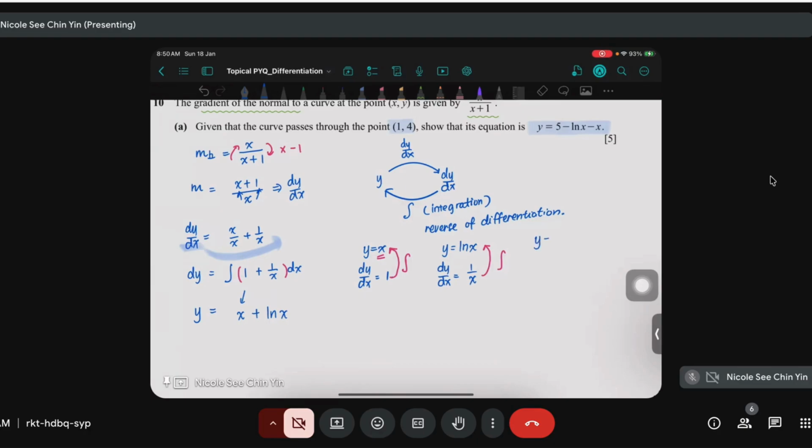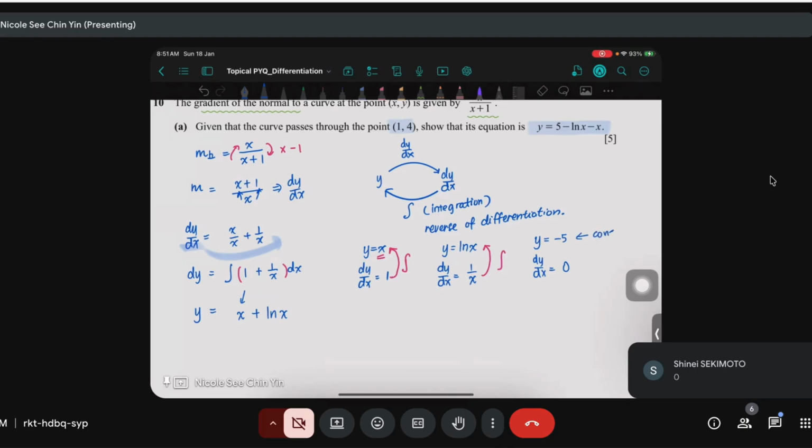If I have y equals any number, maybe negative 5, what do you get for your dy/dx? Anyone can answer me. Y equals negative 5, differentiate, what do you get? Okay, 0. So in other words, negative 5 is a constant, any number. Therefore, when I integrate, at the end I need to put my original equation as plus c, a constant.